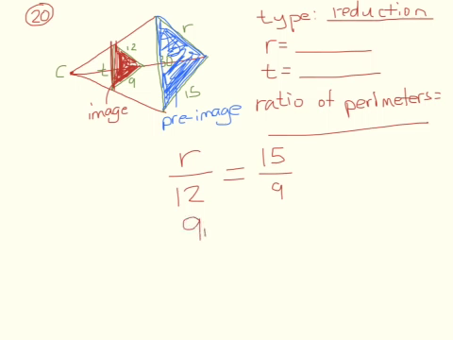I have 9R equals, or rather, 9R equals 180, because 15 times 12 is 180. And then I would divide both sides by 9, and so R is equal to 20.